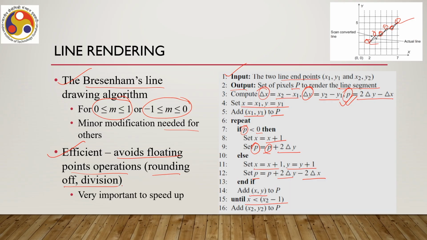Avoiding these operations is very important to speed up the rendering, because at any given instant we need to render a large number of line segments simultaneously. So, speeding up certainly makes the system more efficient.